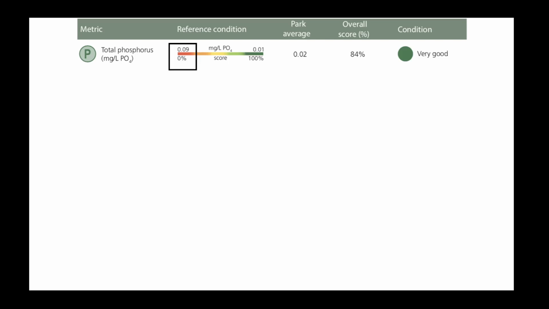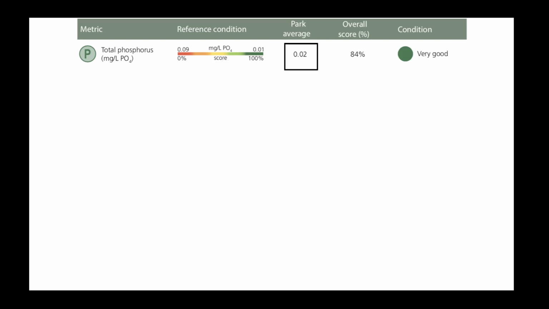Higher amounts, like 0.09 or more milligrams of phosphorus per liter of water, are considered very degraded conditions. So if phosphorus concentration equals or exceeds this value, the indicator will receive a score of 0%. Values in between 0.01 and 0.09 milligrams receive a score along the scale from 0 to 100%.